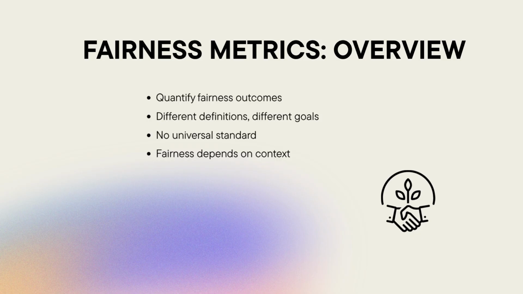What seems fair in a hiring system may differ from what's fair in healthcare. For example, equal outcomes across groups may be one measure, while equal error rates may be another. Each metric embodies different values. This means fairness is context dependent. Choosing a metric is not just a technical choice, but an ethical and practical decision.